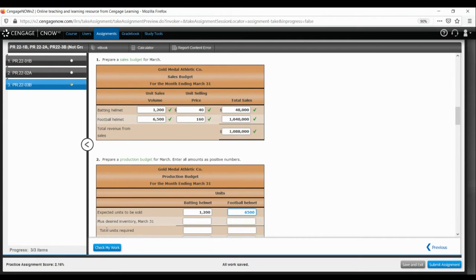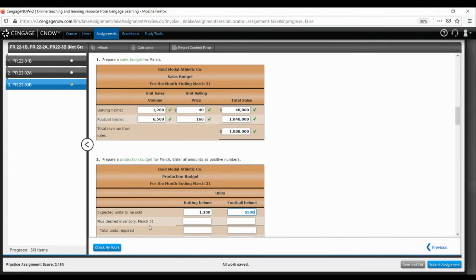Now, on the second line of this production budget, you might notice that it says we're going to add plus the desired ending inventory for March 31st. From our previous classes, you know, most of the time we're deducting out our ending inventory. But in this case, we're preparing a budget that we're projecting for the month of March.